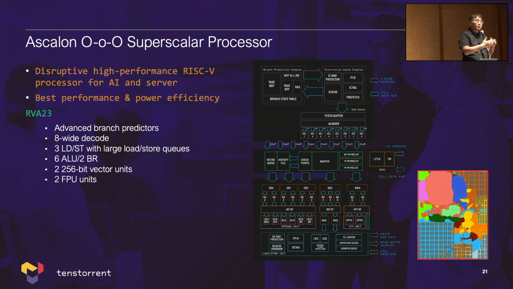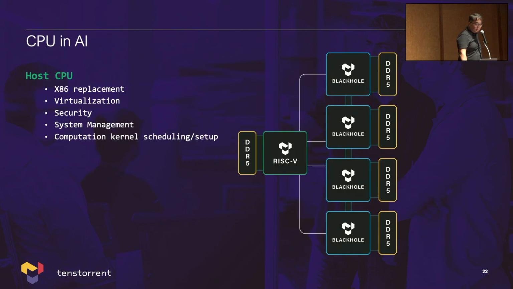This processor is used for general purpose compute. When everybody talks about AI computation, you have to remember that AI computation is a computer, right? It's not just about acceleration. So you need the operating system, you need the security architecture. General purpose compute is also very important. That's why we're building this high performance RISC-V processor.